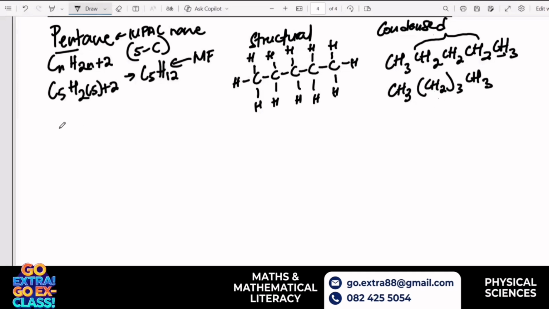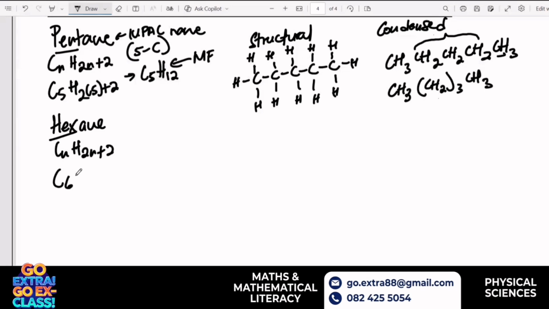Maybe let me give you another example here. After pentane we know that there is hexane. Let's use hexane. So hexane, obviously, has the same general formula, CnH2n+2. So to write the molecular formula, hex is 6.